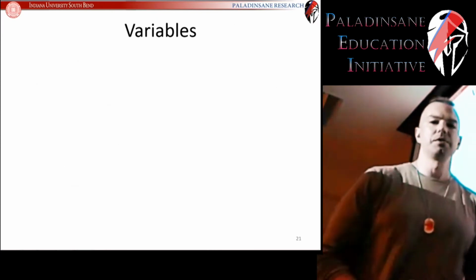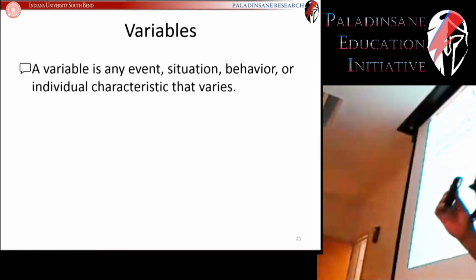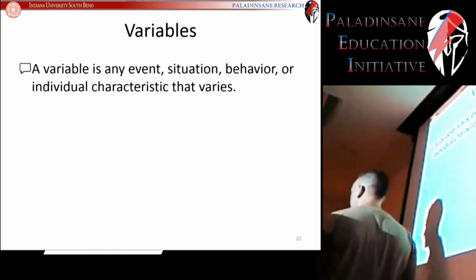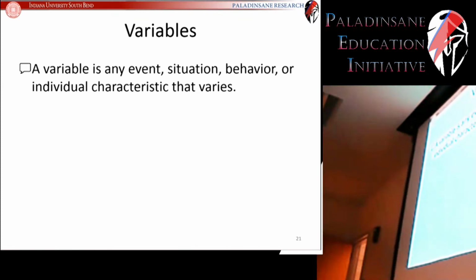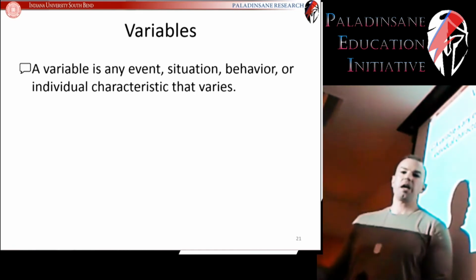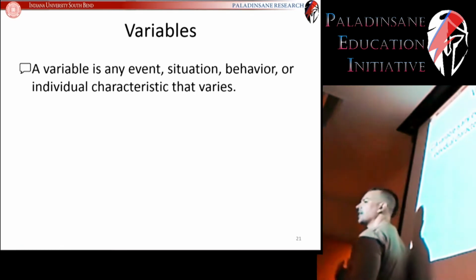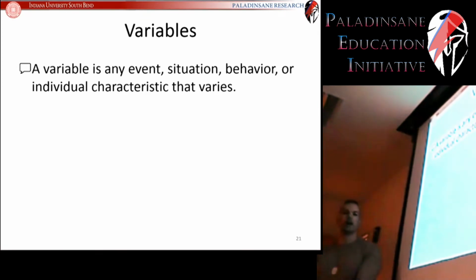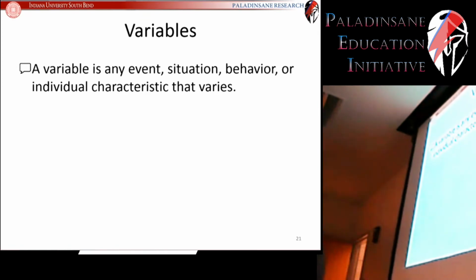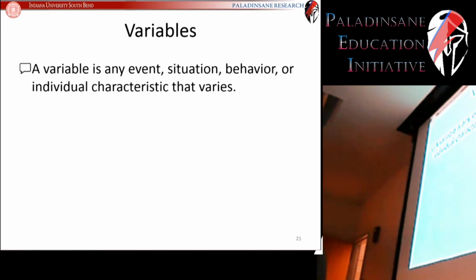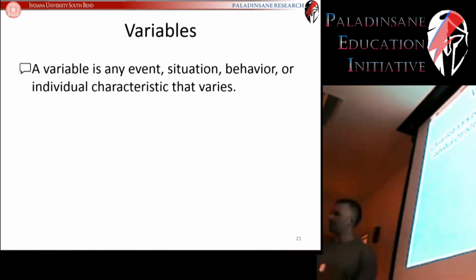Let's talk about variables. A variable in science in general, and therefore in experimental psychology as well, is any event, situation, behavior, or individual characteristic that varies. That is a very important concept. It has to be able to be different.